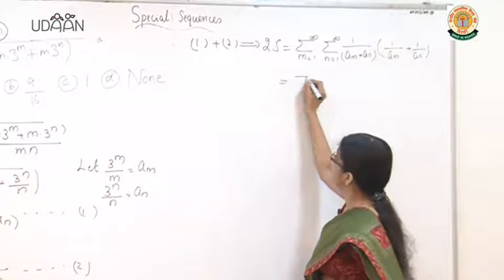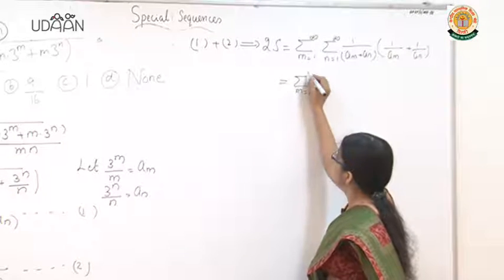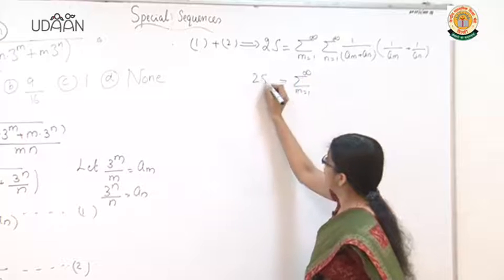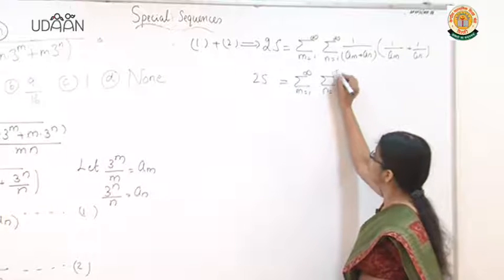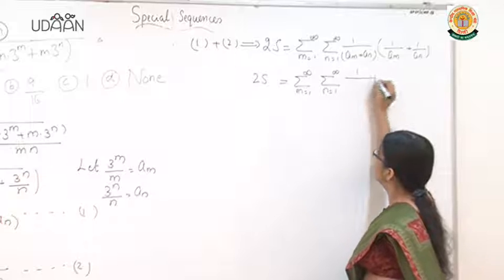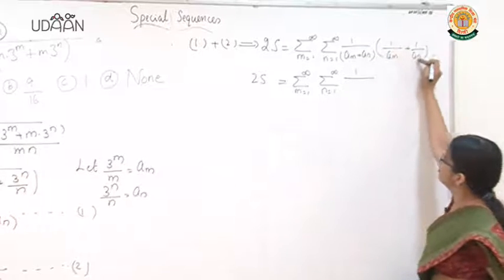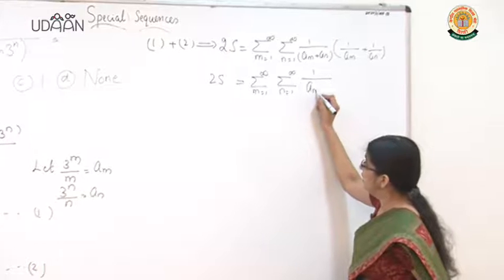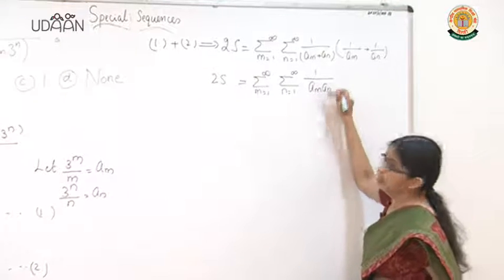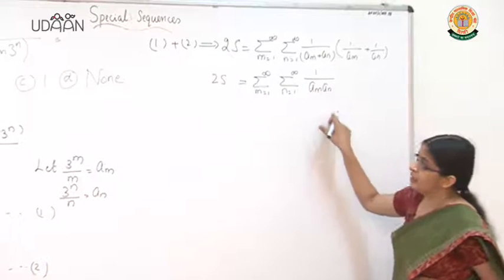Take LCM and simplify. a_m plus a_n cancels, only a_m a_n is left, that too in the denominator.